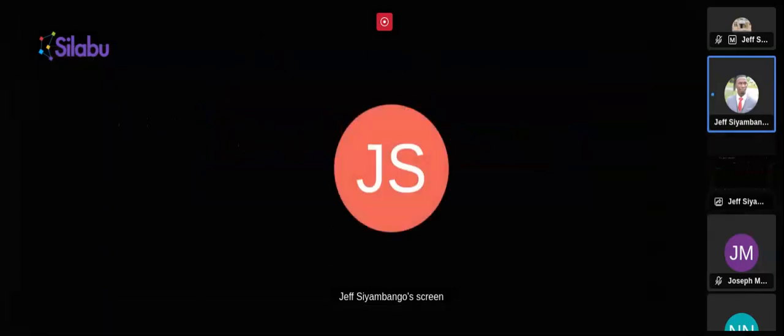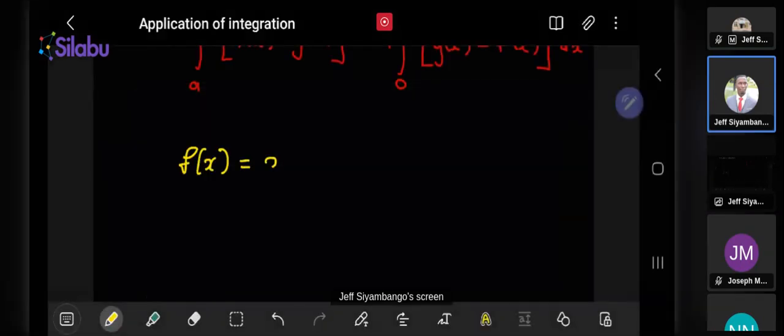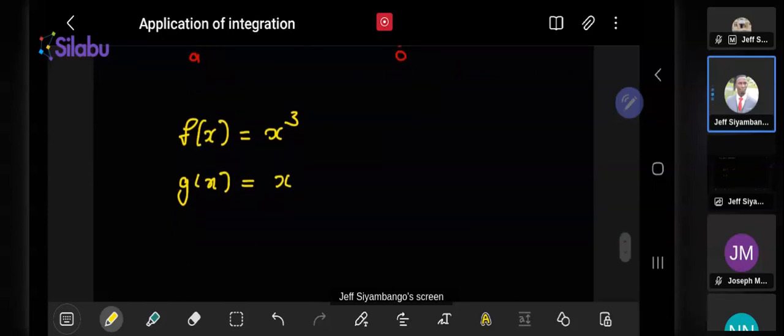One function is f of x equals x cubed. The other one is g of x equals x. These are the only points where they are the same, and that will give us what A is, the middle point, and also that last point labeled B.